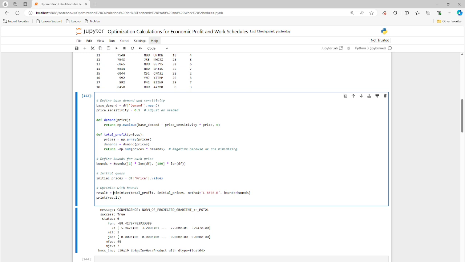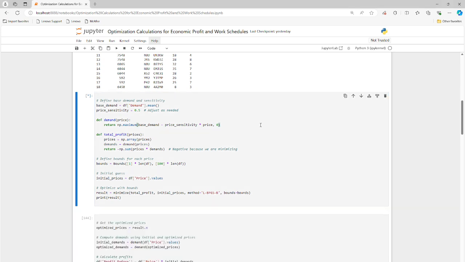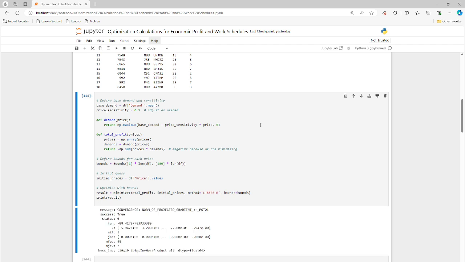So we run this, we get the output here, Control Enter. We'll see a couple things. Convergence, okay, and success is true. That's the second line. Status is 0. There's no errors. The function is negative 0.88. That's the minimization objective function that we set. It took 2 iterations to get there. NJEV is 2, and NFEV says 40.